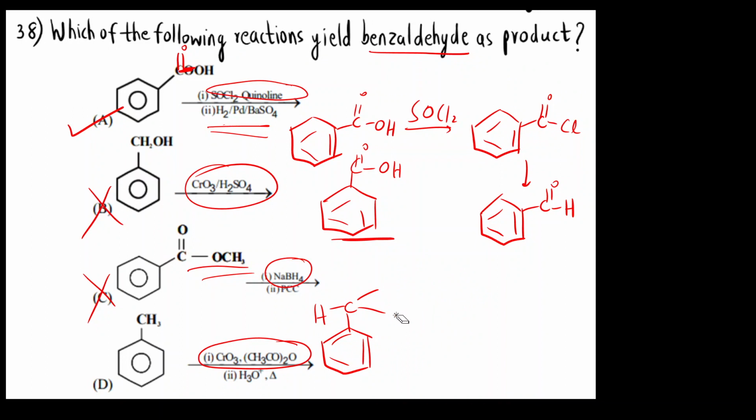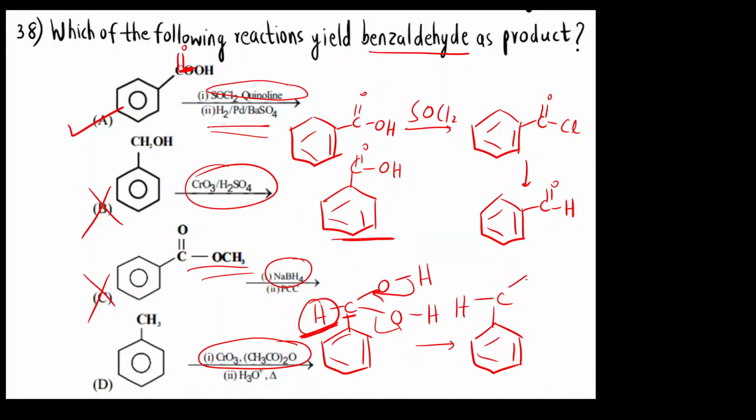Here there are 2 OH that is formed. 2 hydroxyl group at 1 carbon is not stable. So what will happen when we heat them? There will be water molecule that will be released. What we will get? Carbon. Hydrogen is already there. This hydrogen you can see here, and C double bond O. This is also benzaldehyde. So the correct answers are option A, comma D.